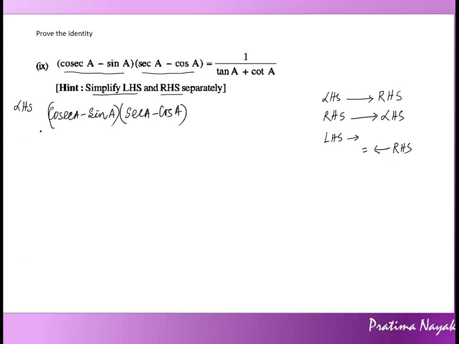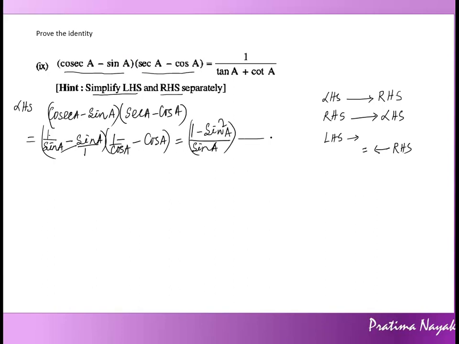So I'll write 1 by sine A minus sine A, into 1 upon cos A minus cos A. Then I'll simplify. It will be sine A LCM, 1 minus sine square A.